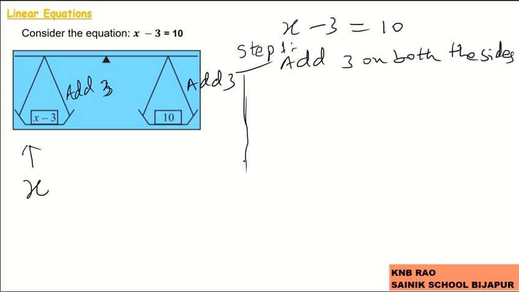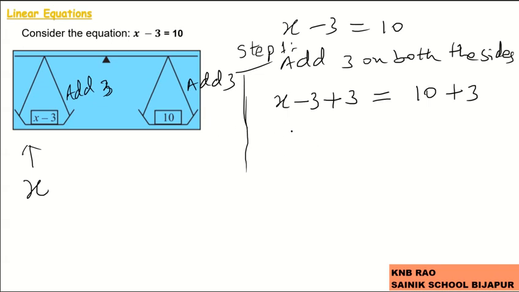Now, when we add 3 to the left hand side, it looks like this, and to 10 in the right hand side, 3 added looks like this. You know, rule number 1 says this equality holds.